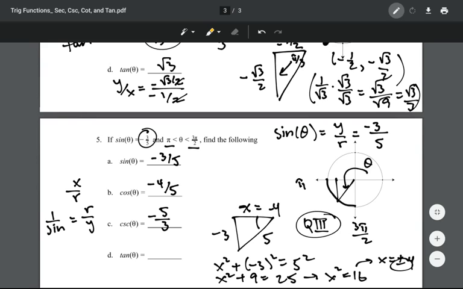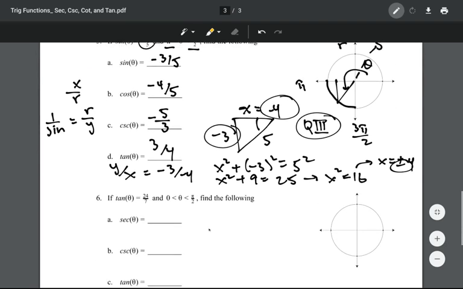The negative can go anywhere. And then finally, tangent. Tangent is y over x. Y is -3, x is -4. So we get -3 over -4, or +3/4. And again, take a look at that tangent. It's on a positive slope. Okay, so there's number 5.